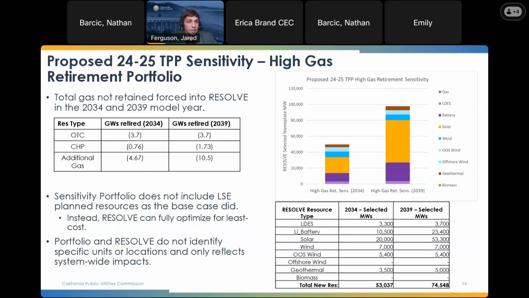I'll note that this sensitivity portfolio, unlike the base case, does not include the LSE planned resources. So it's a fully resolved cost optimized portfolio. You can see here on the right the resource breakdown of the portfolio both in 2034 and 2039. Next slide.